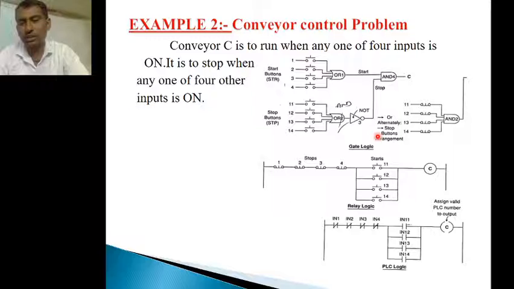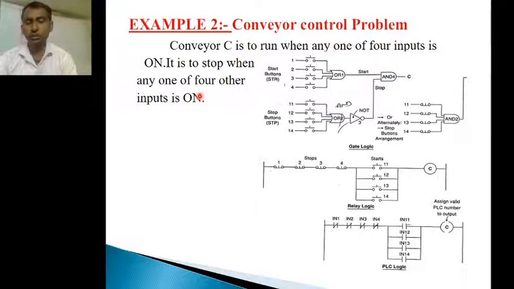Conveyor C is to run when any of the 4 inputs is on. Any of the 4 inputs means OR gate, while all of the inputs means AND gate. And it is to stop when any of the 4 other inputs is on.